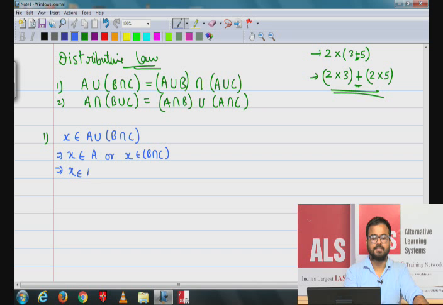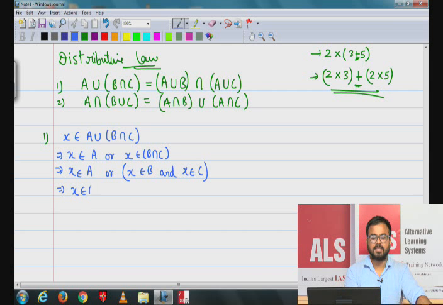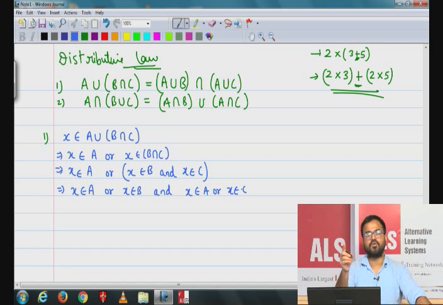This can be written as x belongs to A or (x belongs to B and x belongs to C). Right? Now we can distribute this OR over AND. So we can write this as (x belongs to A or x belongs to B) and (x belongs to A or x belongs to C), distribution of OR over AND, like this.